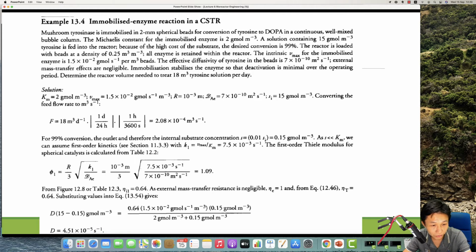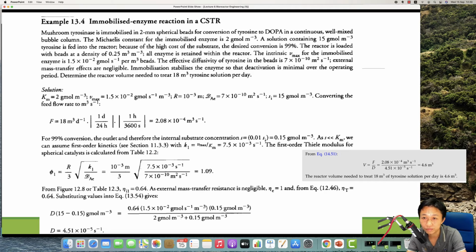What else? Not sure, so you can check the book as well. So I will give you the answer of this one from about this area.